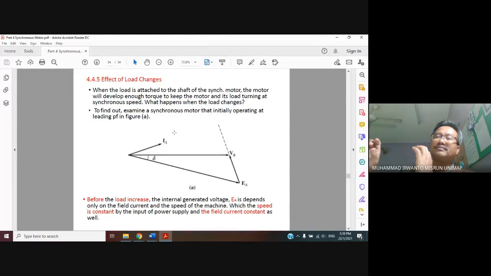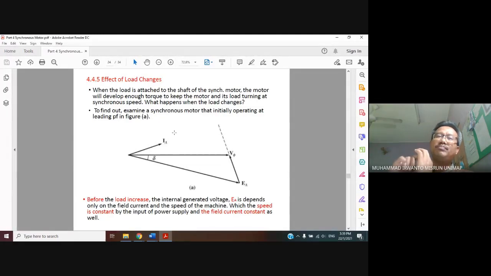Okay, and then the load will affect the internal generated voltage, ya, internal generated voltage. Nanti kita boleh tengok what is the relationship between the change of the load relate to the armature current, and then also the internal generated voltage of the synchronous motor.